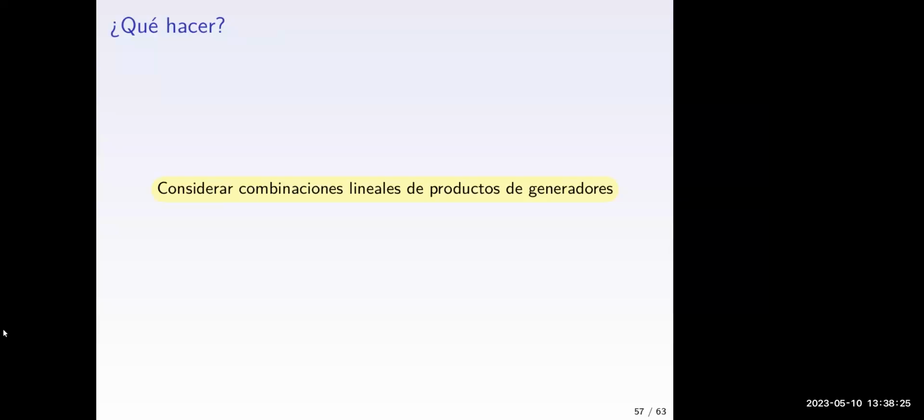So what to do? Well, Dr. Maximenko had the idea, based on some other works, maybe by Professor Sanchez Nungaray and Professor Maribel Loaiza, that we could work with this linear combination of products of generators.